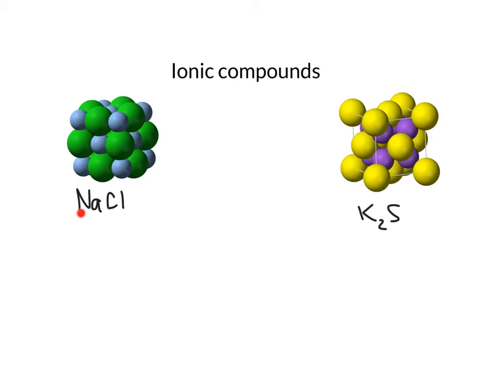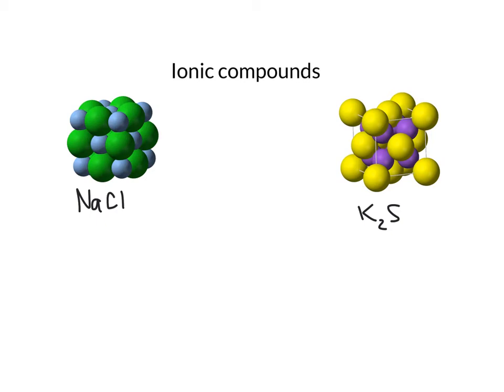Remember that the way we symbolize these compounds is by using the lowest whole number ratio in the lattice for that ionic compound. So there's 1 sodium and 1 chlorine as a unit that makes up this repeating extended lattice.